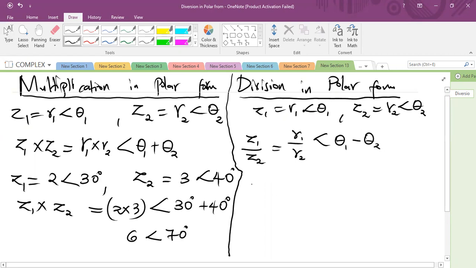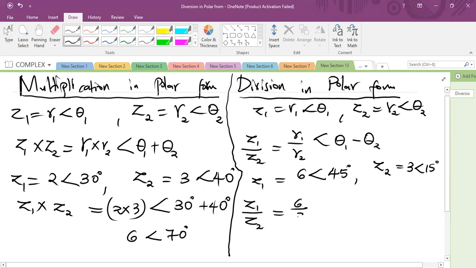So for example, if we have Z1 equal to 6 at 45 degrees and Z2 equal to 3 at 15 degrees, then Z1 divided by Z2 will simply be dividing the R's and then subtracting the angles.